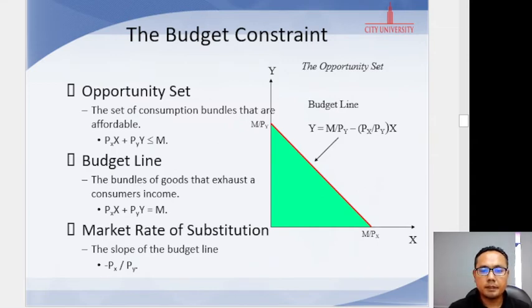That's what we discussed about preferences. So the preference ordering is assumed to satisfy four basic properties: completeness, more is better, diminishing MRS (marginal rate of substitution), and transitivity.